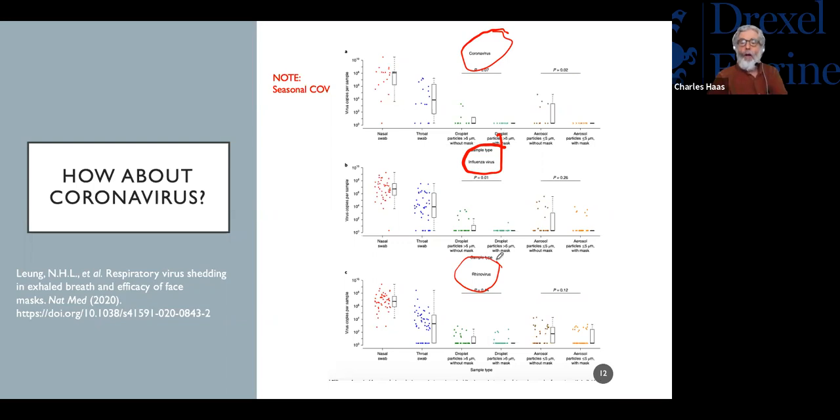The bottom line is you do get good reduction of the large particles with masks, but you still get some release of the coarse particles even with a mask, and of course greater release with the fine particles.